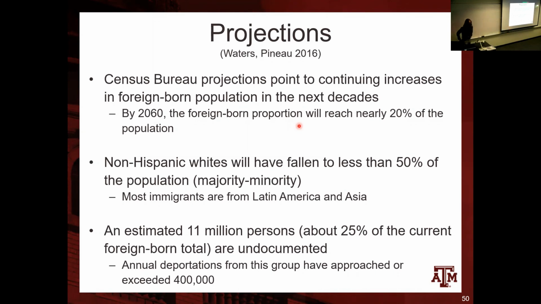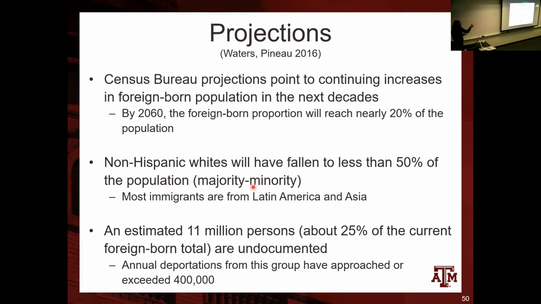And most of the immigrants nowadays, as we saw in the previous tables, are from Latin America and Asia. But again, this term majority-minority is controversial because we are putting together all non-white people in the same group, but the non-white people are really different from each other. I just told you the story about my paper about Nigerian Americans, how their integration is really different, even compared to recent immigrants from Ghana, Liberia, Sierra Leone, who also speak English.